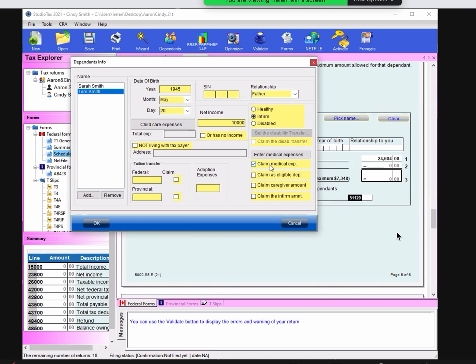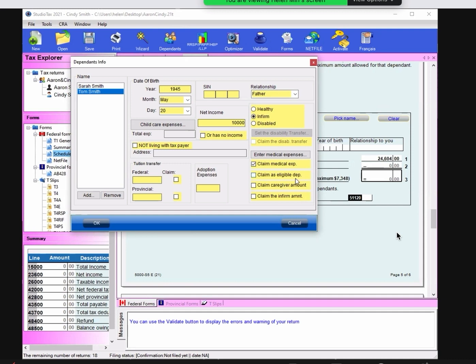Medical expenses I'm going to teach you tomorrow, possibly Wednesday, because we also have donations, and I need to teach you donations. So for claim medical expenses, now we say yes.